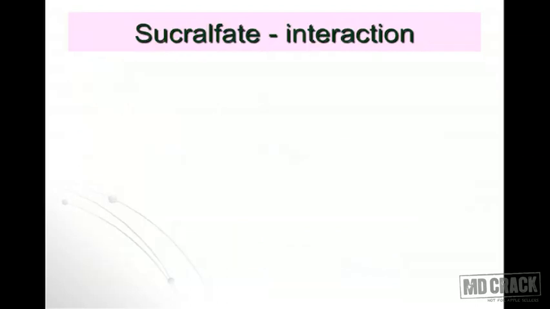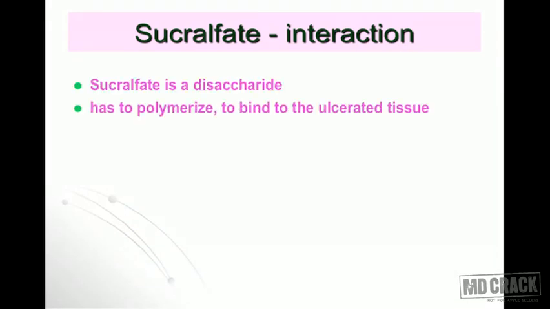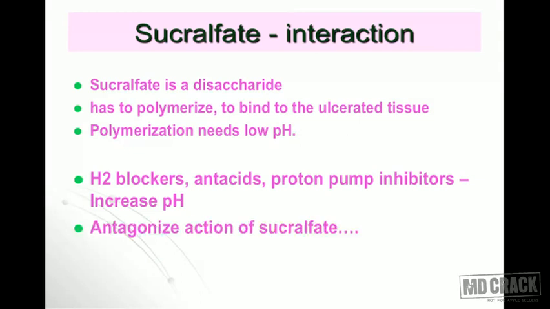We move further to a very important drug interaction of sucralfate with other drugs. I am showing it to you on this slide. Please have a look at the slide, and I am also telling you some important facts about sucralfate. So let's concentrate on the slide. What's this drug interaction, why is it happening, and what's the reason? See, sucralfate is a disaccharide, right?